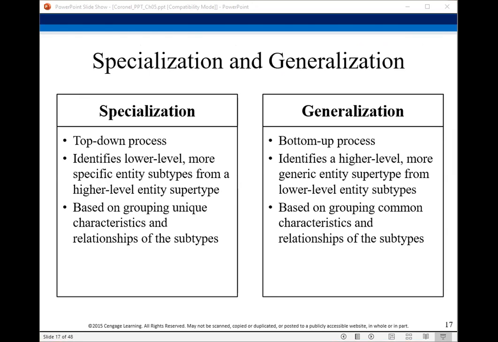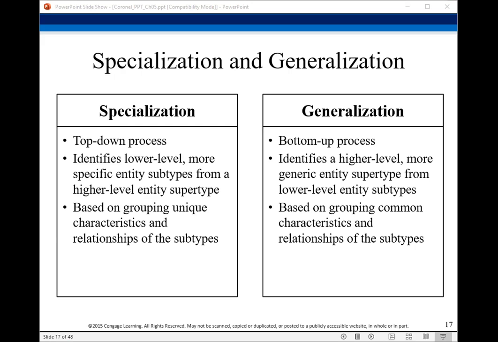So there are two ways of setting up these types of inheritance relationships. We can start with just thinking about major entities and start at the top and do a top-down process. So we start with the idea, well, we have people in our university, so we set up a person table.